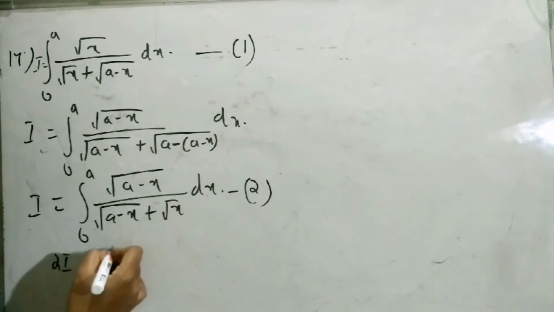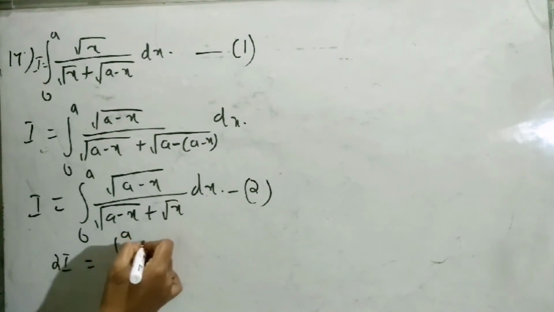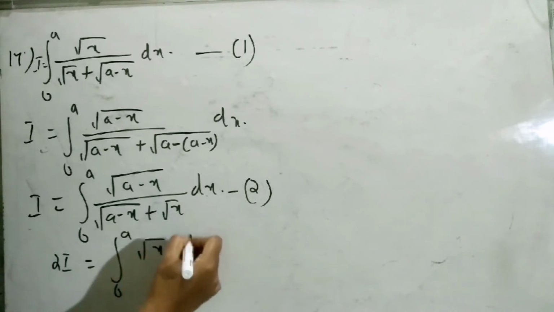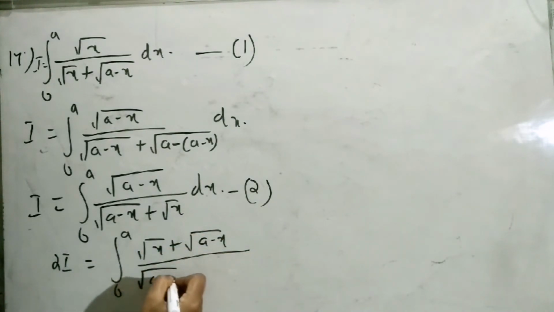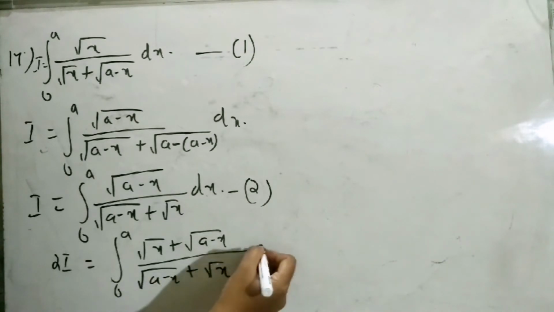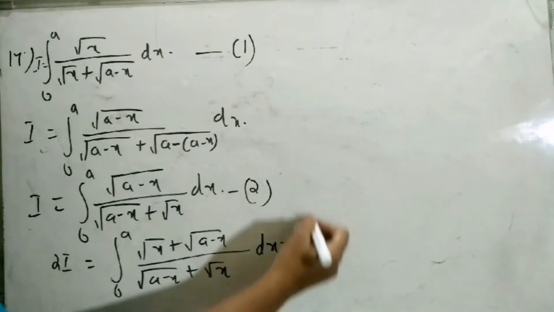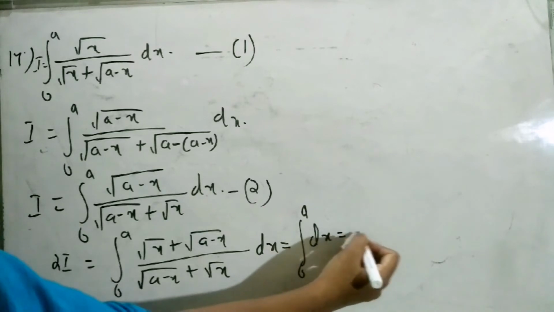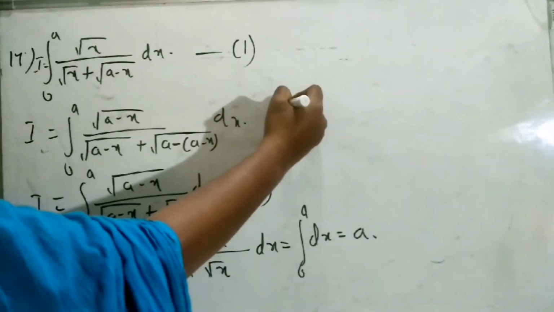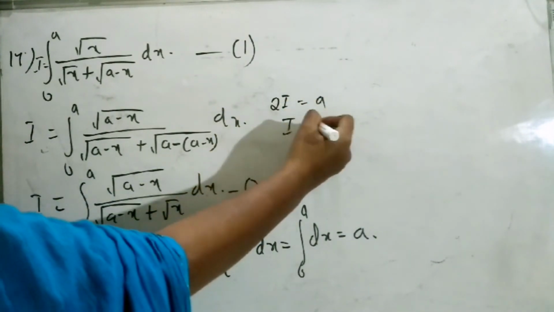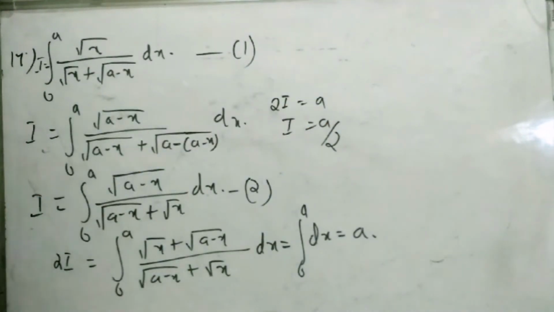We will get 2I is equal to integral 0 to a root x plus root of a minus x divided by root of a minus x plus root x dx. And this is equal to integral 0 to a dx, and it is equal to a. So 2I is equal to a, then I is equal to a by 2.